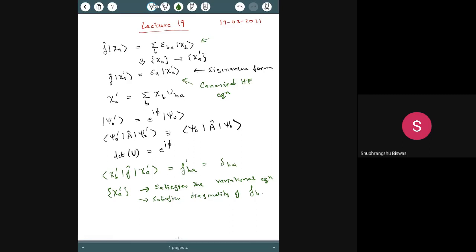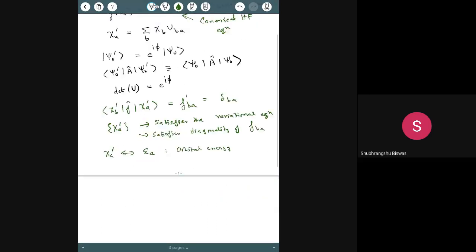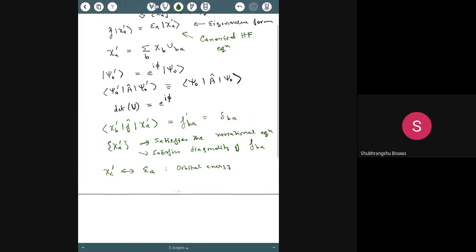We are just finding the easiest and most convenient solution. Okay. And in doing this easy solution, every chi A prime becomes associated with a particular energy, epsilon A, which we call the orbital energy.